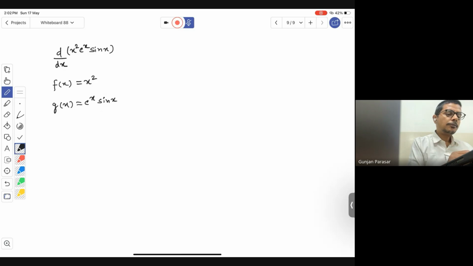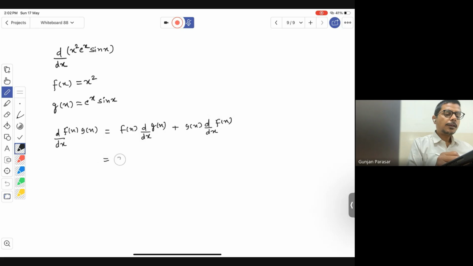So now when I apply the product rule, what we do: dy by dx of f of x into g of x is equal to f of x into dy by dx of g of x, and then reverse, g of x into dy by dx of f of x.